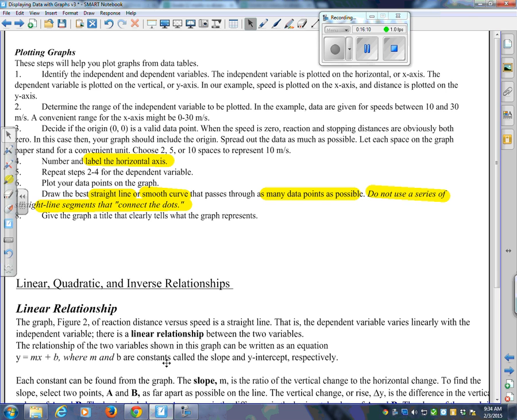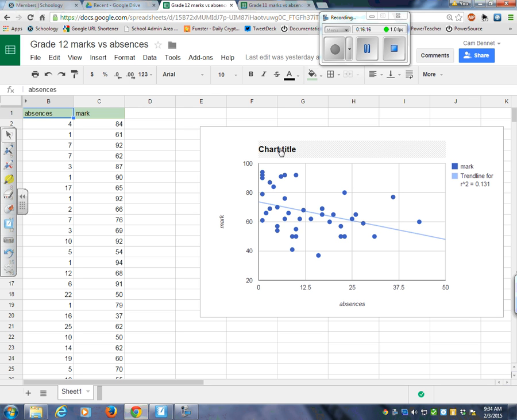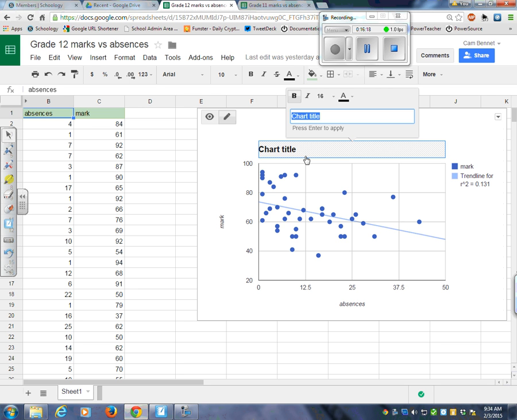Okay. Give the graph a title that clearly tells what the graph is. I would have lost a mark here because I didn't do this. This is grade 12, thank you. Grade 12, marks. Did I spell it right? Yes.